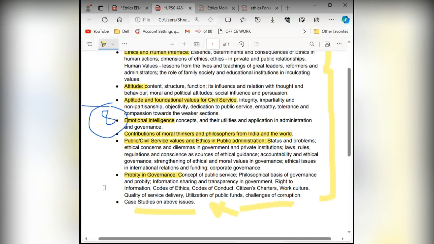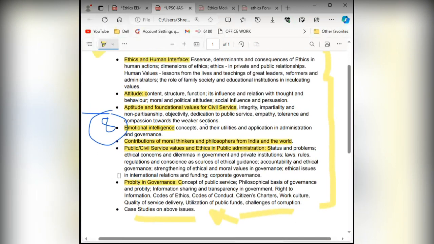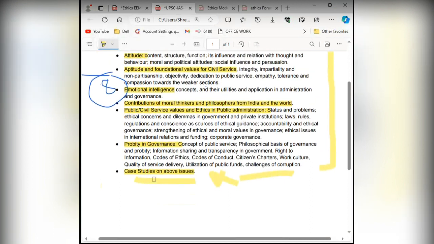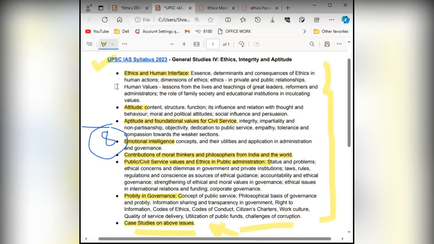Once you are done with all these 7 points, you would come to the case study. There would again be some case studies which you would solve once you are done with the theory part, and this entirely sums up to 250 marks.